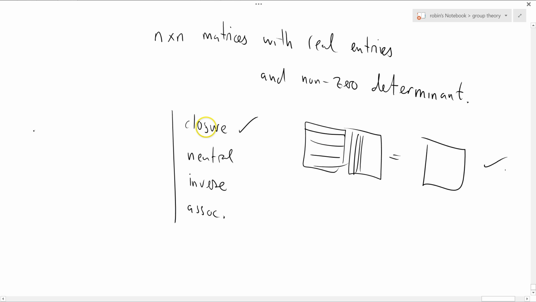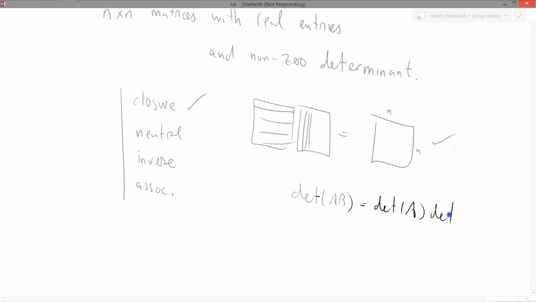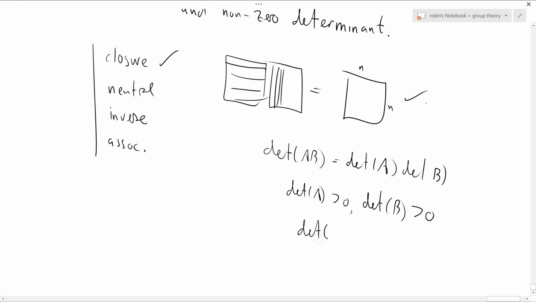All we've shown here is that the product of two square n by n matrices is another n by n matrix. We haven't shown it's got a non-zero determinant. But we do know that because the determinant of AB, where A and B are matrices, equals the determinant of A times the determinant of B. So if the determinant of A is not equal to 0 and the determinant of B is not equal to 0, that tells us that the determinant of AB is also not equal to 0.